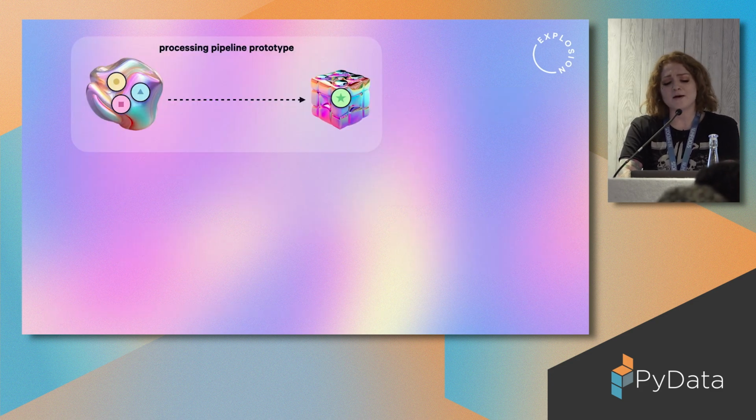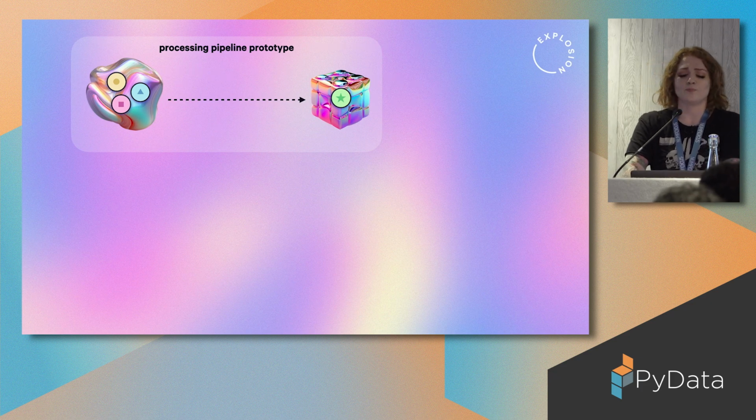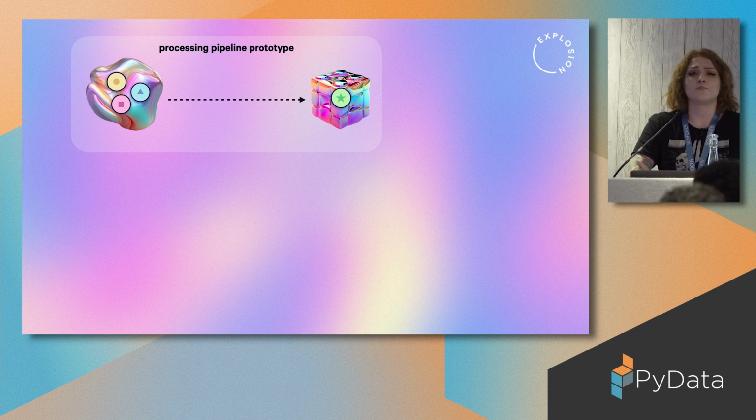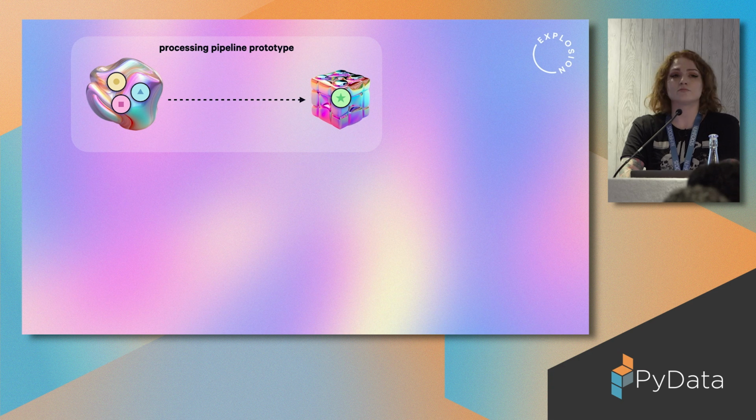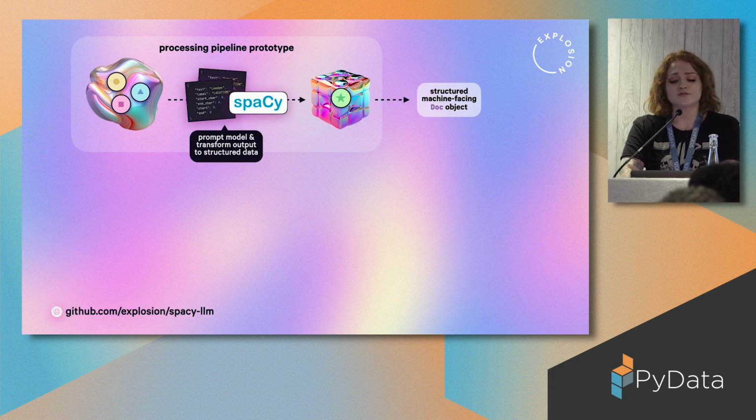And now, if we're looking at a possible workflow for how we can build that prototype, this is also something we thought about a lot when building spaCy and thinking of ways to integrate large language models into a workflow. Here you have a large generative model that has all kinds of weights and can do all kinds of things. And then what you can do is prompt that model and transform the output into structured data, which is something that we've built in spaCy LLM.